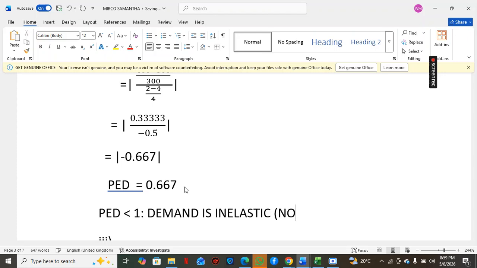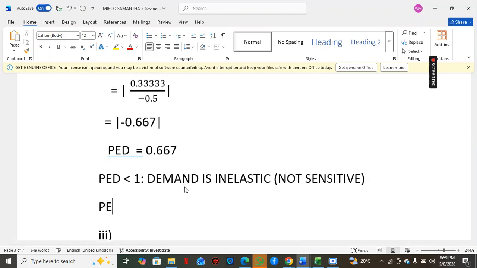Okay, not sensitive. Meaning price can increase by a big amount, quantity demanded would drop by a small amount. But if your price elasticity of demand is greater than 1, it means demand is elastic. It means demand is sensitive.